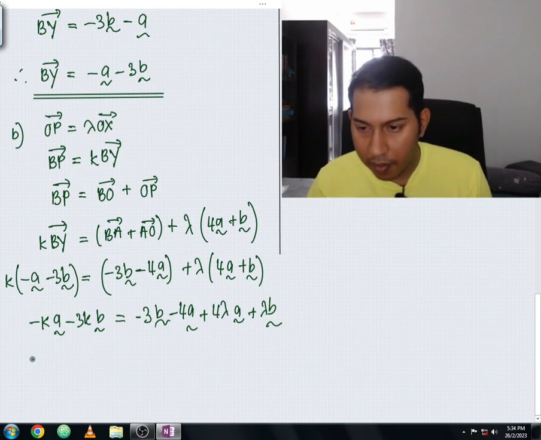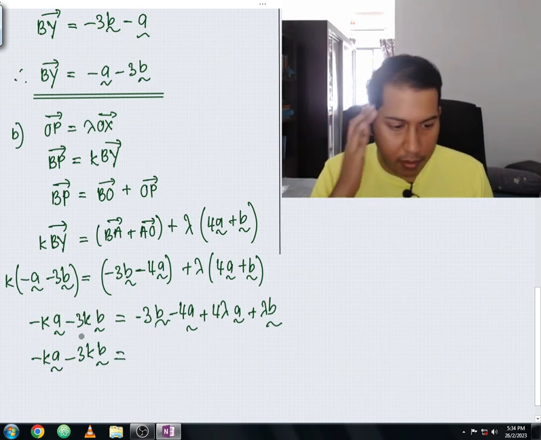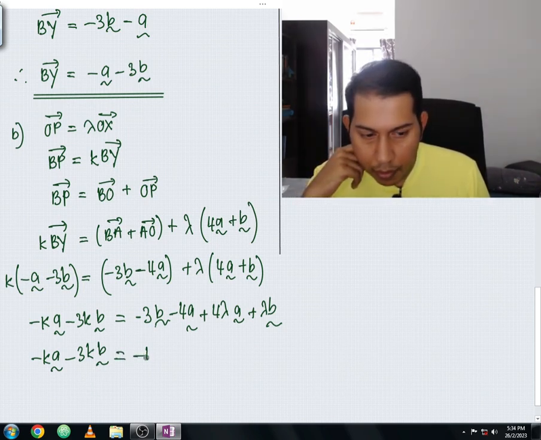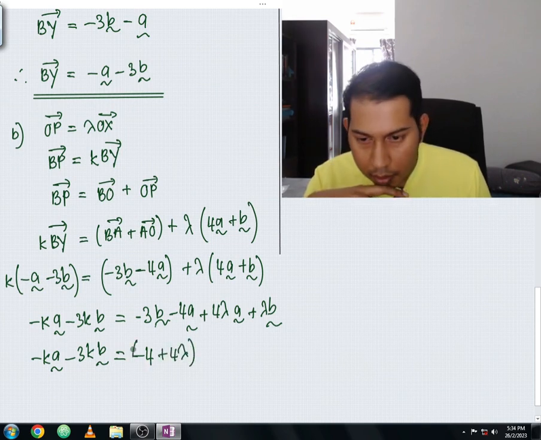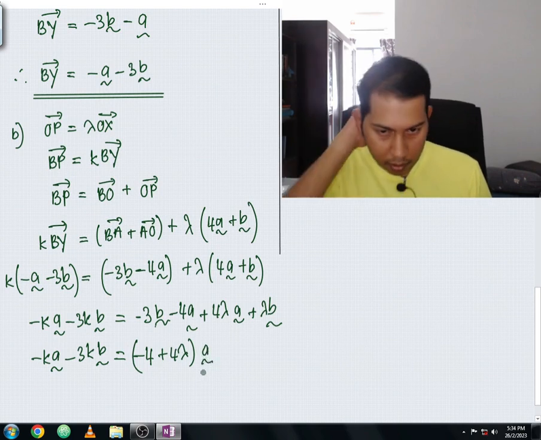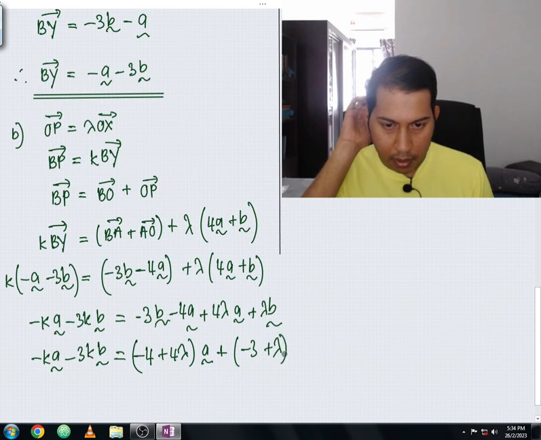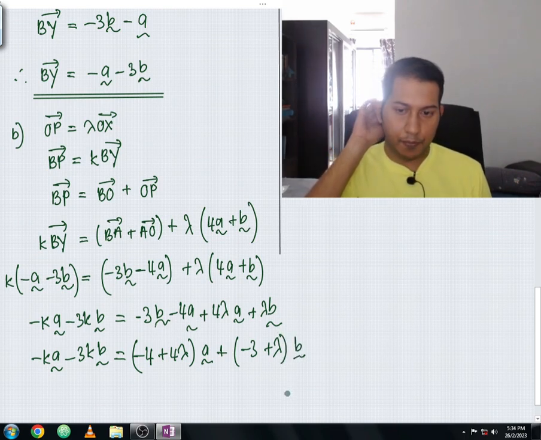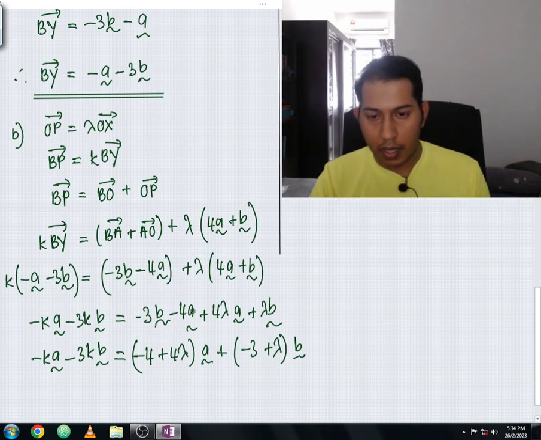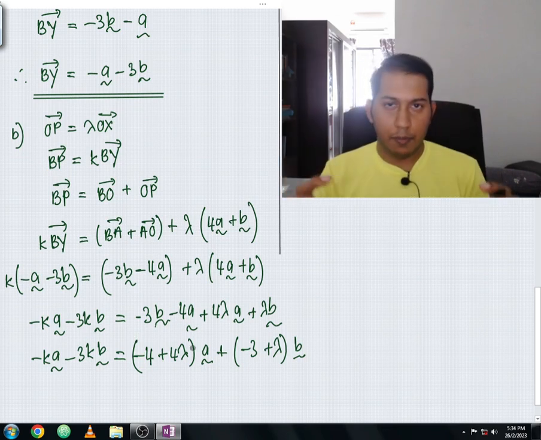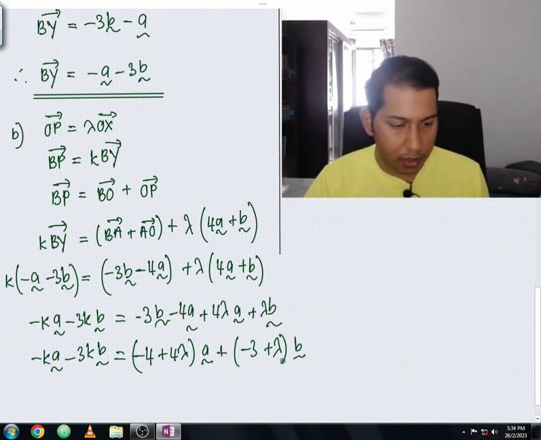So from here, negative ka minus 3kb is equal to negative 4 plus 4 lambda component A, and then plus negative 3 plus lambda component B. Instead of writing everything in an expression, you just factor them out and group them together, guys. So this is the expression so far.